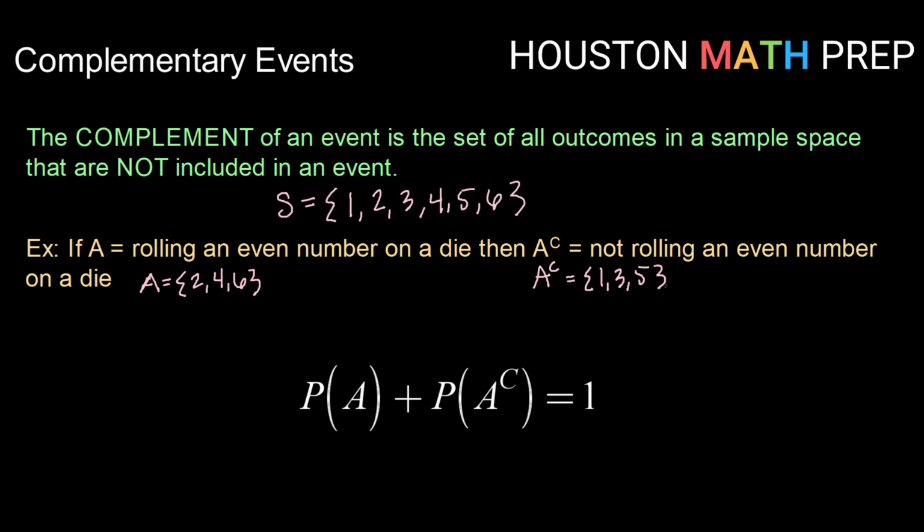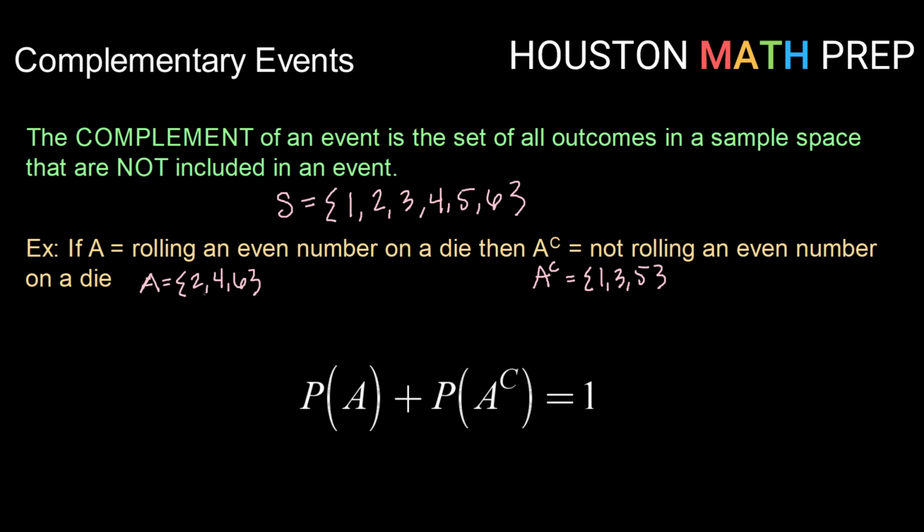and 5. What we can notice about the relationship between an event and its complement is that because the two make up all of the possible outcomes in a sample space, if we added their probabilities together, the sum of the probabilities would need to be 1.